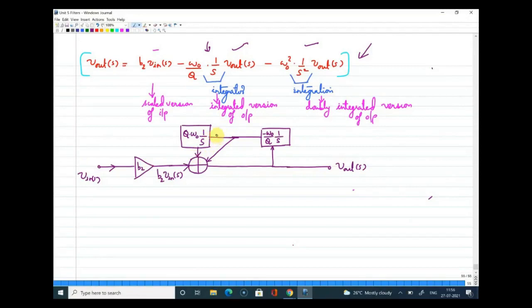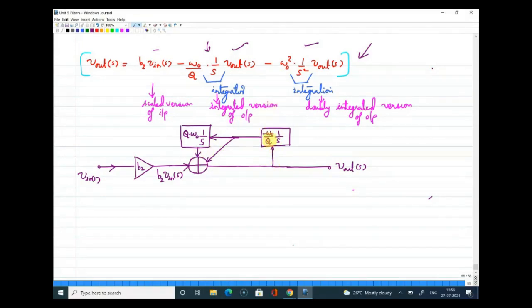What I have done is, I can write the output as a sum of three terms. The first term is directly the scaled version of the input. There are two other terms which come from the output. One is an integrated version of the output, and that should be scaled by minus omega naught by q. The second term is a doubly integrated version of the output, and that should be scaled by a factor of omega naught square.